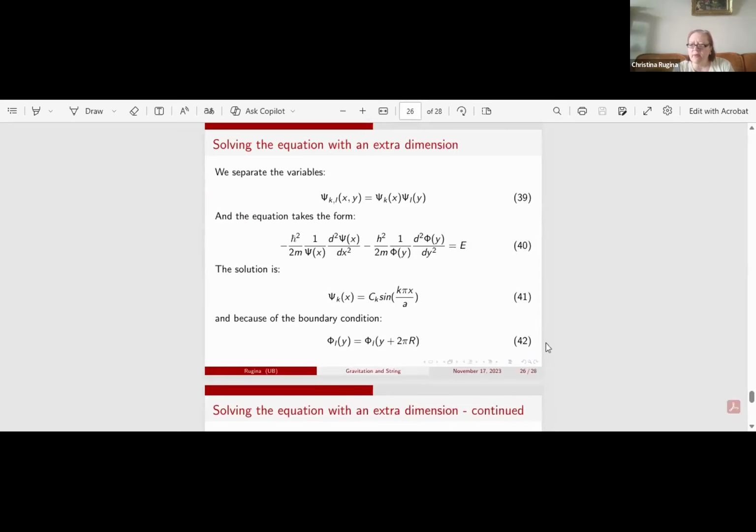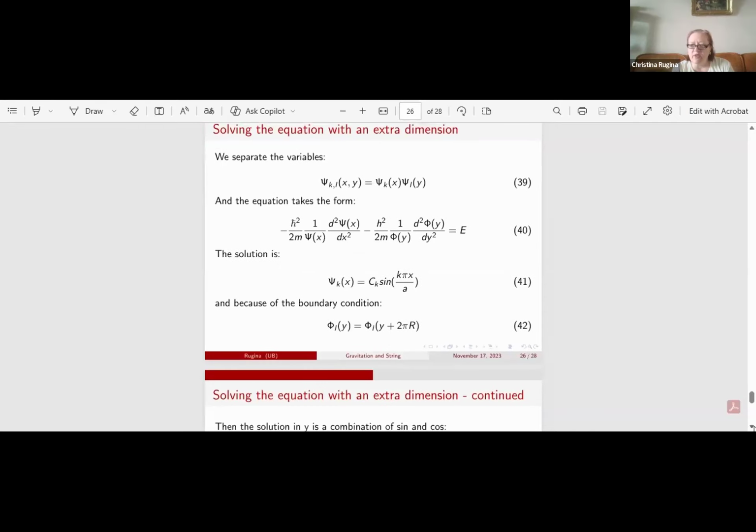So then we know how to integrate these two separately. And so the solution is this one. And with the boundary conditions, because you separated psi and phi, there's a typo here, of course, that's a phi of y. So you have phi like that and psi like that.